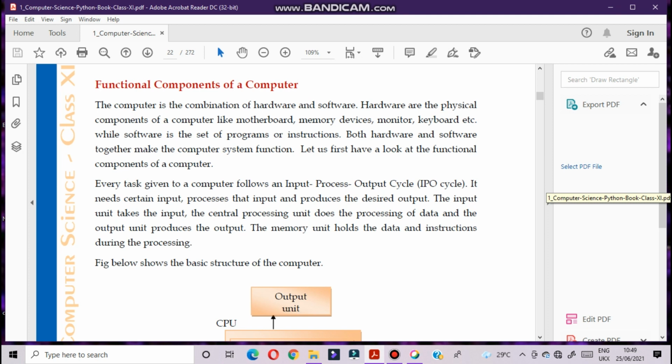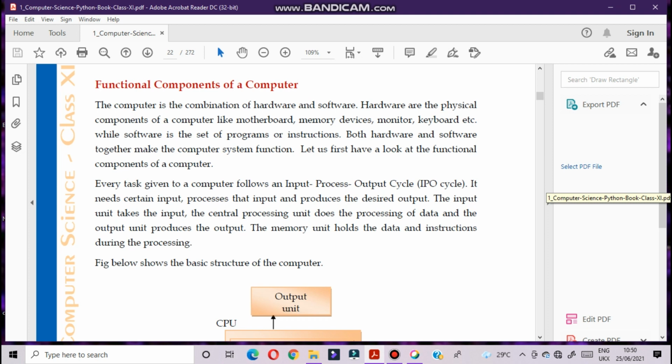The input unit means input devices like keyboard, mouse, joystick, scanner. These are examples of input devices. They take the input. The central processing unit, meaning CPU, does the processing of data and the output unit, meaning output devices like printer, plotter, produces the output.